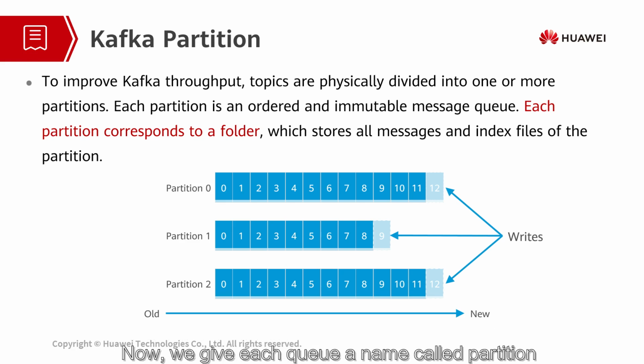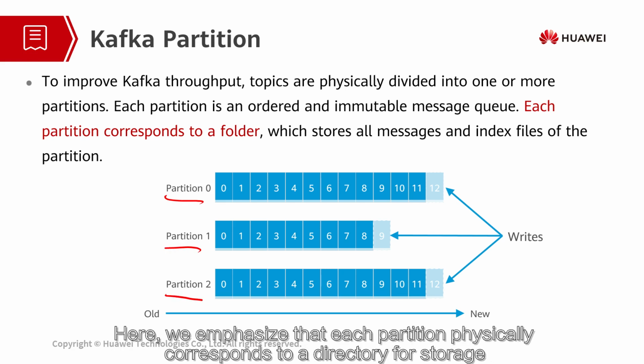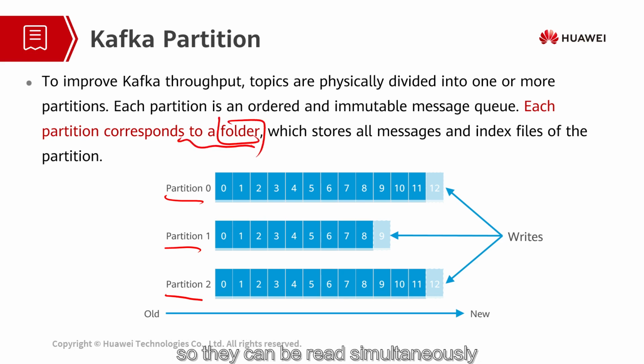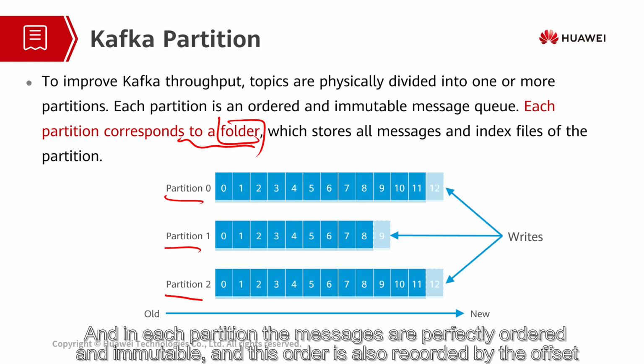Now, we give each queue a name called partition. Here, we emphasize that each partition physically corresponds to a directory for storage, so they can be read simultaneously. And in each partition, the messages are perfectly ordered and immutable, and this order is also recorded by the offset.